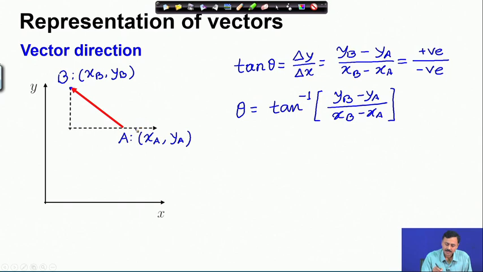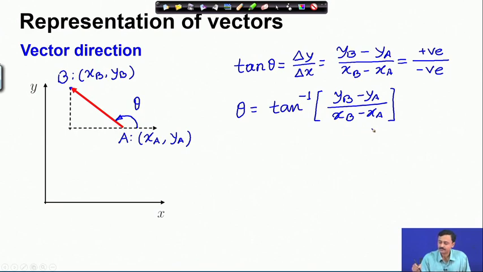But as we have noted, this angle is definitely not negative, and what is our angle? This is our angle. This is measured from this datum, which is the x axis, the horizontal axis is our datum. So, you need to be careful and take into account whether the numerator is positive or negative or the denominator is positive or negative when you get this ratio as positive or negative.